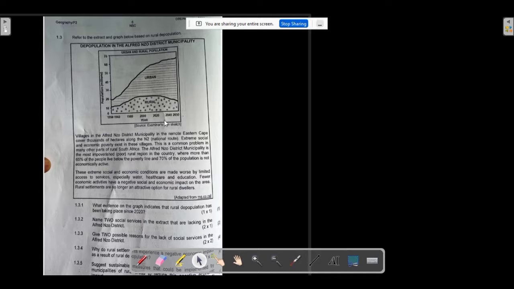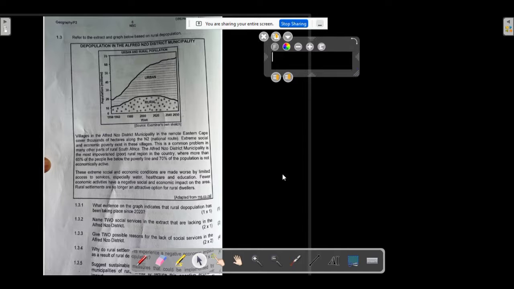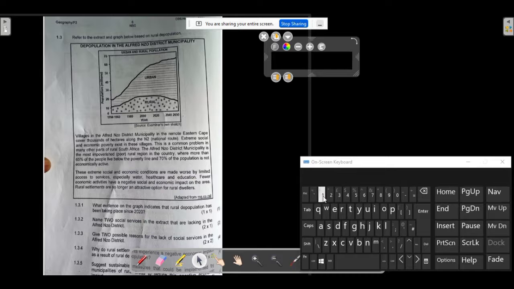These are projections. This is 2040, this is 2050. So looking into the future, it's going to decrease even more.